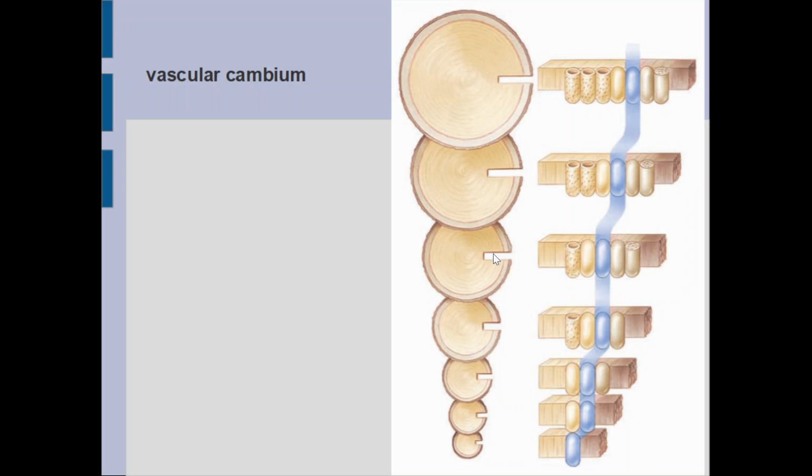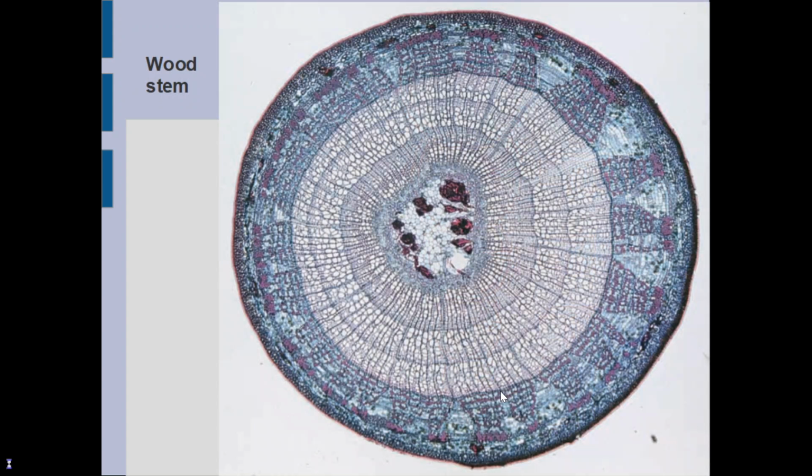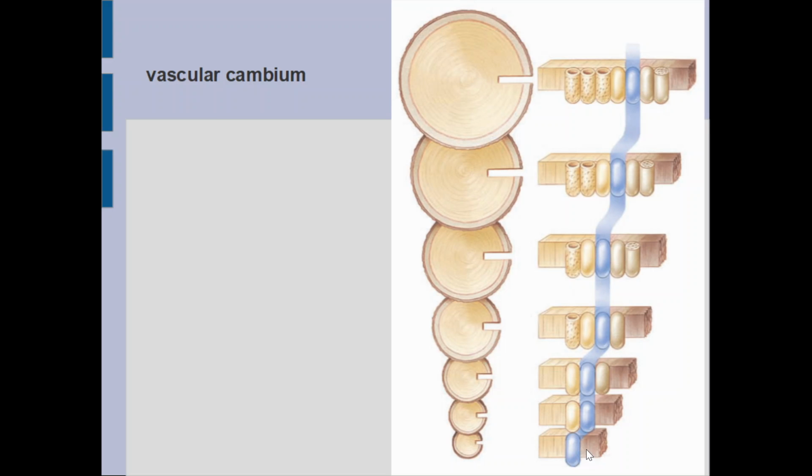And here also we can see the vascular cambium, and so if we start here, we can see the beginning of the secondary growth, and this is the first division, and this is the second division.